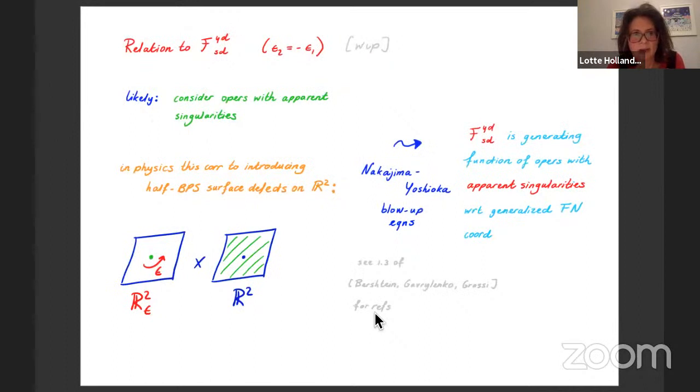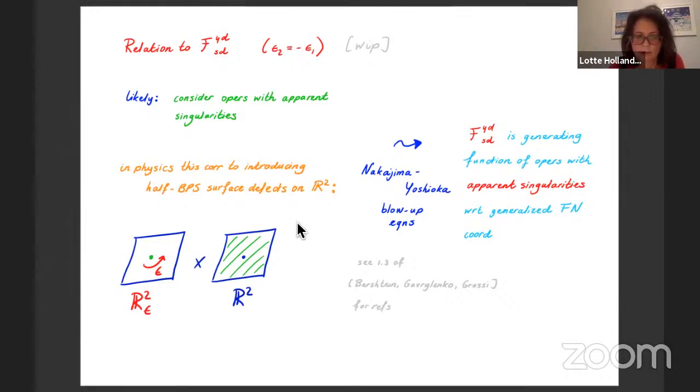I want to make a quick remark about something else, namely, instead of looking at this NS limit, we could also consider a different choice of parameters. Namely, we could choose epsilon 2 equal to minus epsilon 1. It would be interesting to see what the geometric description of the superpotential or free energy is in that particular limit.